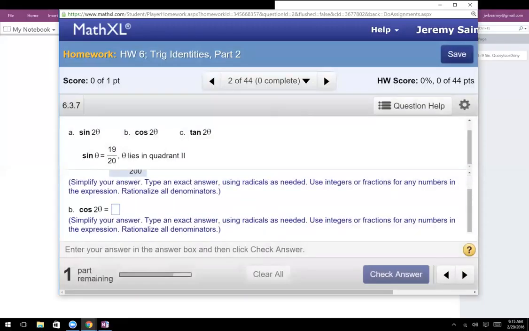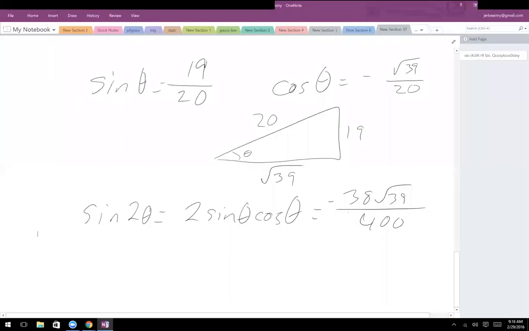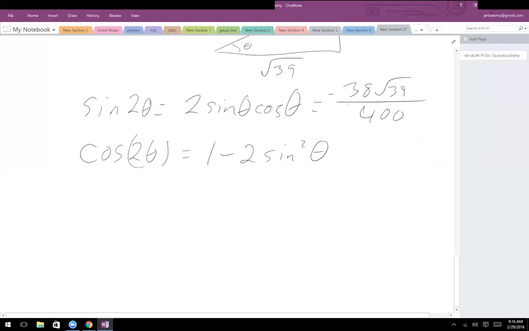Okay, cosine 2 theta. Since they gave me sine and it was nice and simple, let me use the cosine that just has sine in it. So 1 minus 2 sine squared of theta. So 1 minus 2 times 19 over 20 squared.